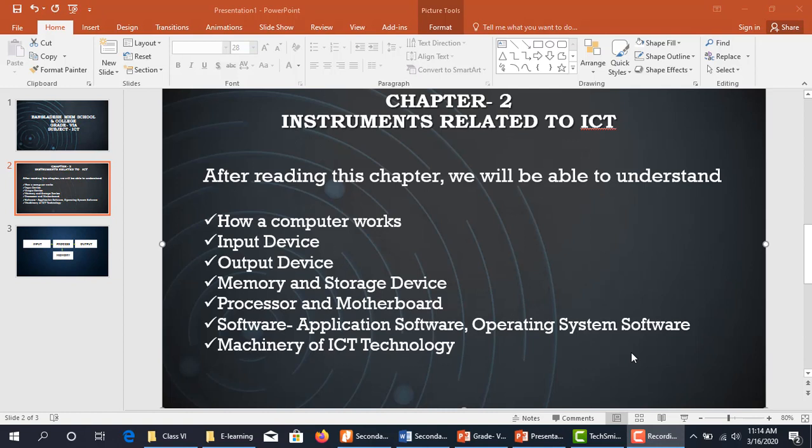I think all of you know what input devices are connected to the computers, and now output devices. Hopefully you know about the output device, and those who don't know, I will explain later.